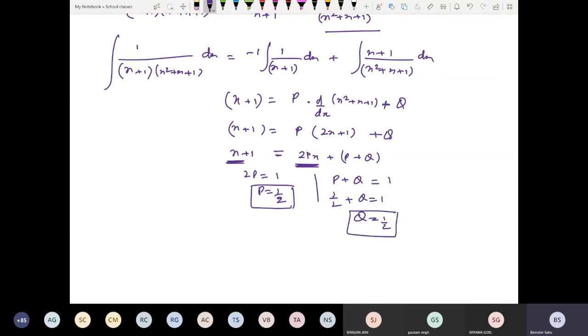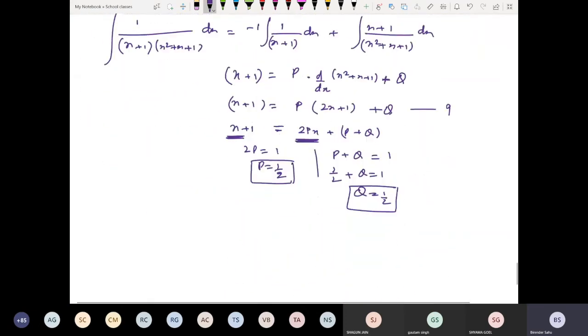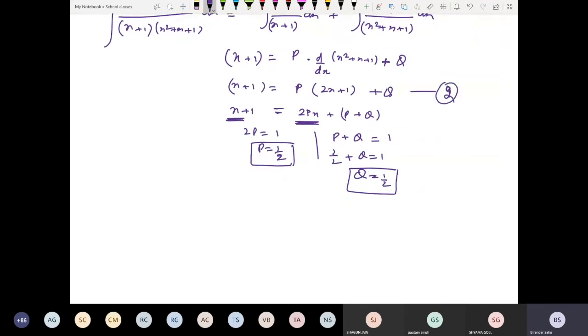Okay. So what to do? Just writing x plus 1, we will be putting here. Okay, this is third. This is second equation. So x plus 1 equals to p, which is nothing but half of 2x plus 1, plus q, which is nothing but 1 by 2. Okay.